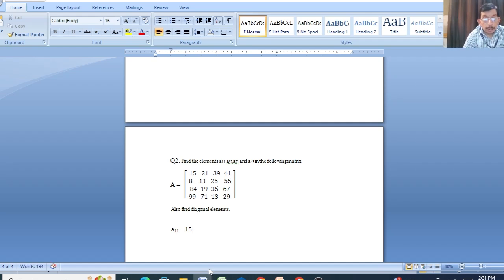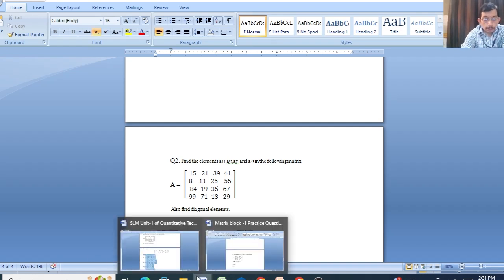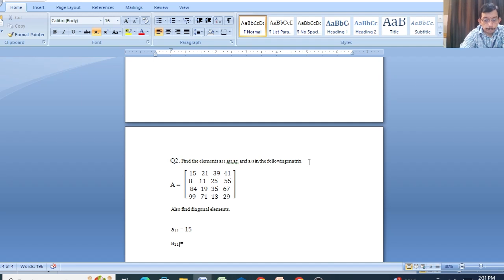Next one, A32. Now A32 means third row and second column.